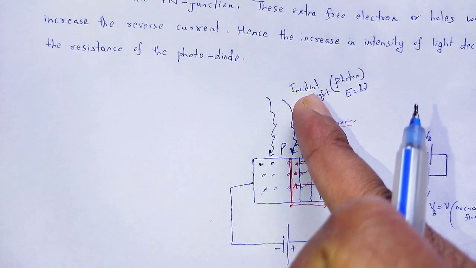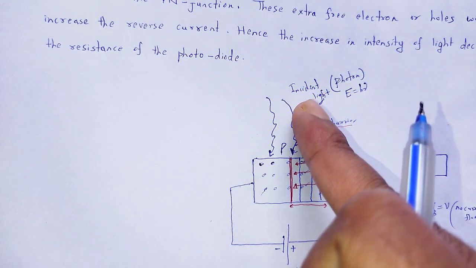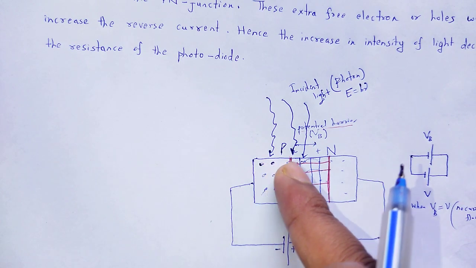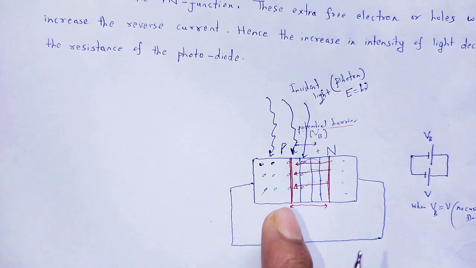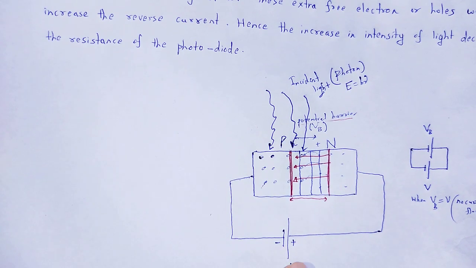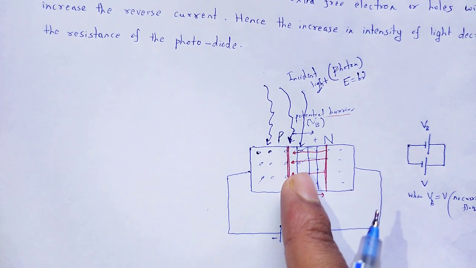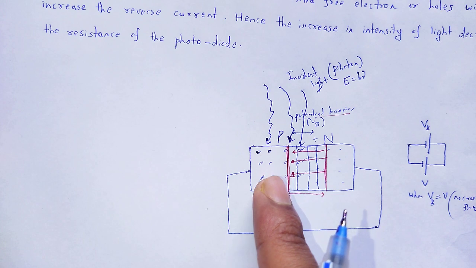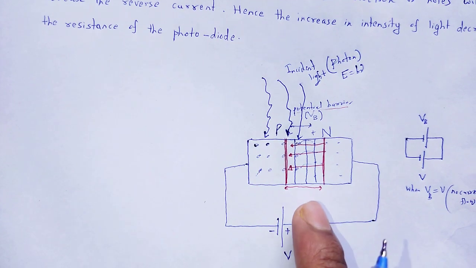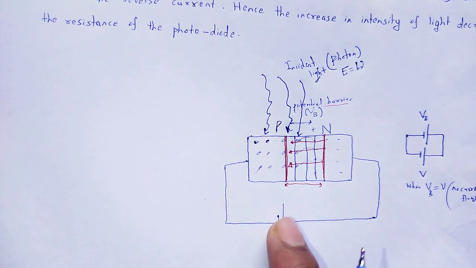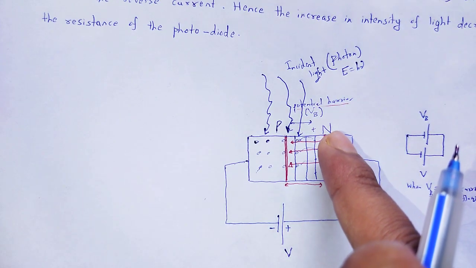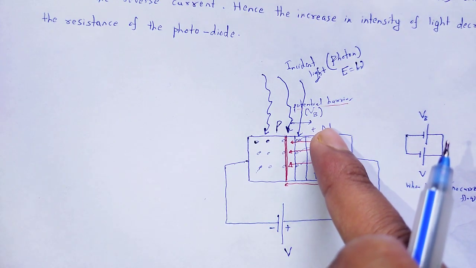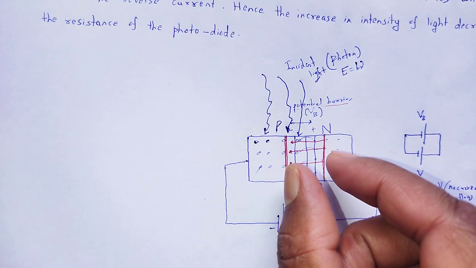When light is incident on the P type and N type semiconductor, the barrier potential is now decreased.